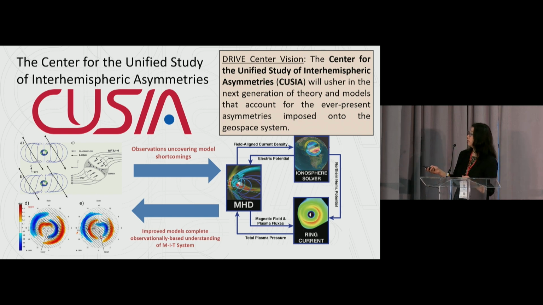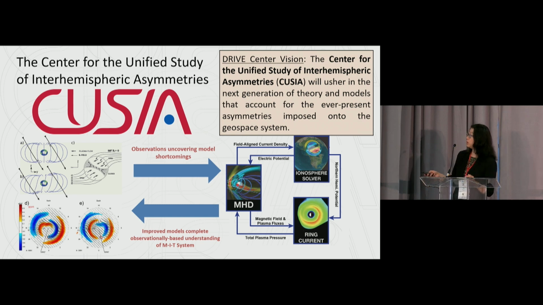First is the CubeSats DRIVE Science Center, phase 1. The NASA DRIVE Science Center unfortunately didn't get selected for phase 2, but it created a very nice platform and built up a nice sub-community to focus on this topic. The goal of this center is to generate a next-generation modeling capability to account for this asymmetry.